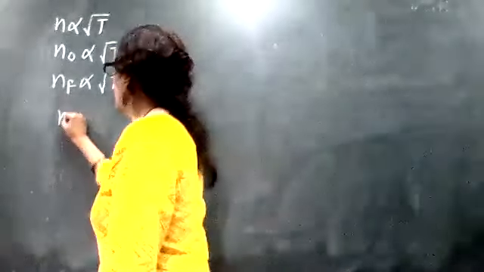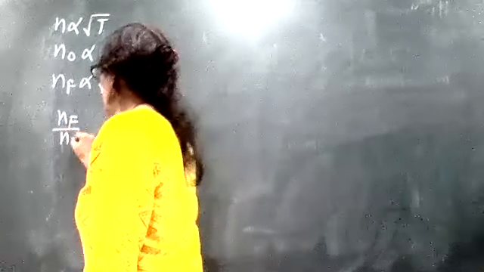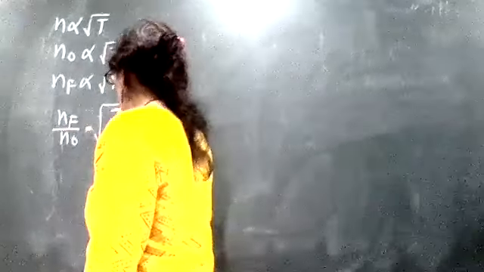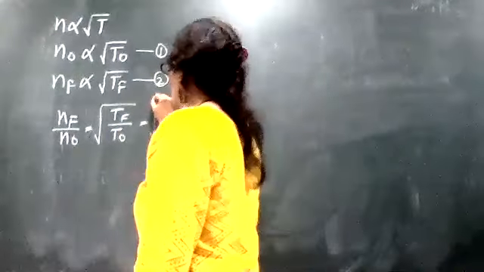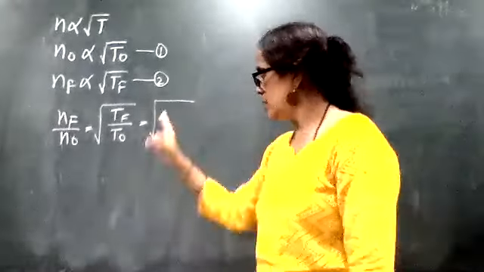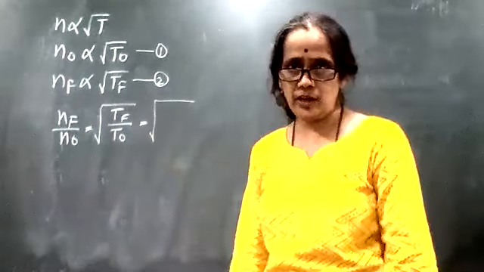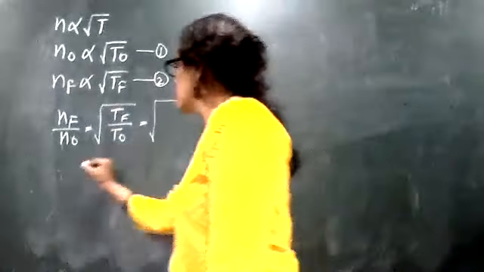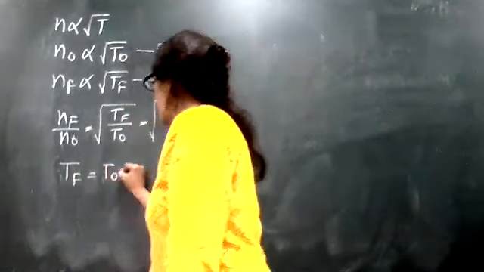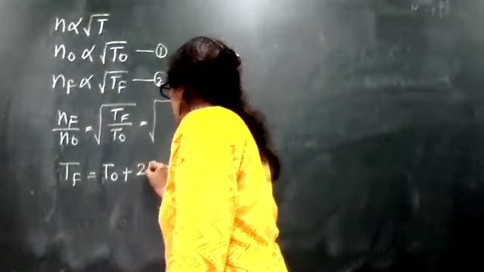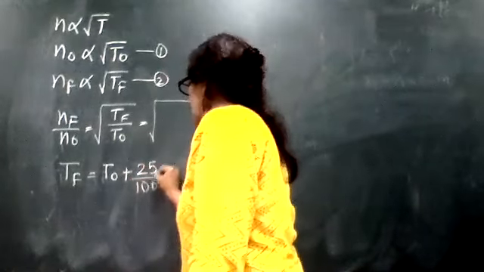So I will take NF upon N0 is equal to root of TF upon T0. Now I have to put the TF value. What they have given: tension is increased by 25%. Means your final tension TF is T0, the original tension, plus 25% of original.